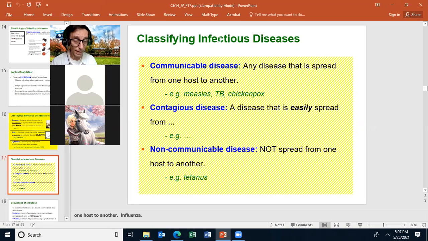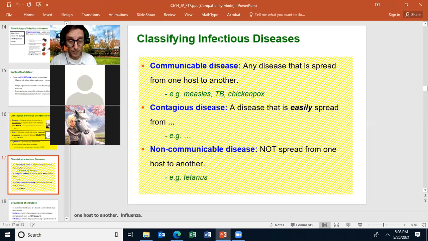caused by a microbe. There are also contagious diseases, and these are a disease that's easily spread from one host to another, or from one person to another. All contagious diseases are communicable, but not all communicable diseases are contagious.